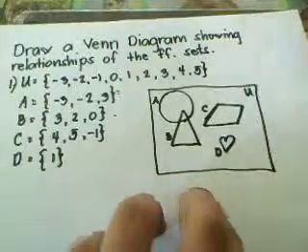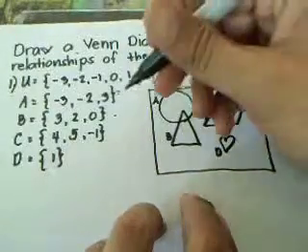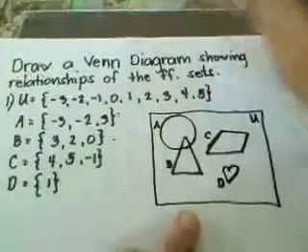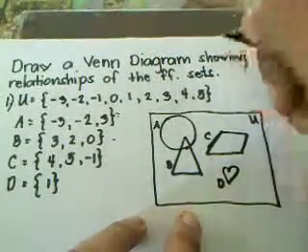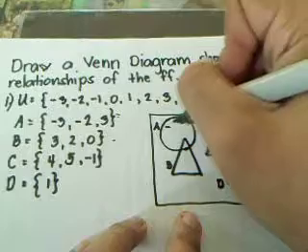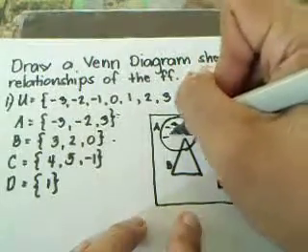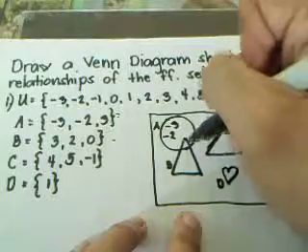So let us put all the elements inside our figures. On A, we have -3, then -2, and 3.